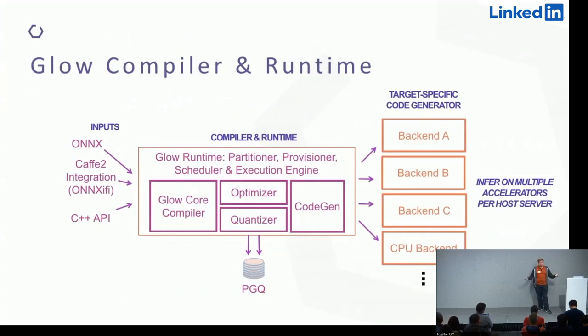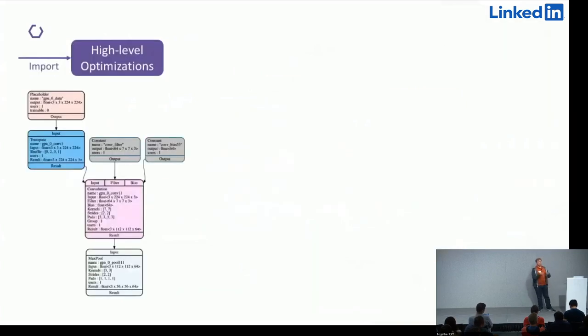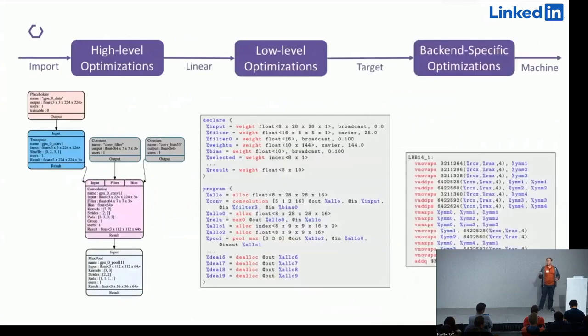Not pictured here, but we're also good friends with the PyTorch community. Glow's GitHub is actually under the PyTorch organization, and so we're working closely to make sure that Glow works seamlessly with PyTorch as well. But then in the core you have your core compiler, optimizer, and quantizer, which I'll talk about in a little bit, and then finally code gen out to your target platform.